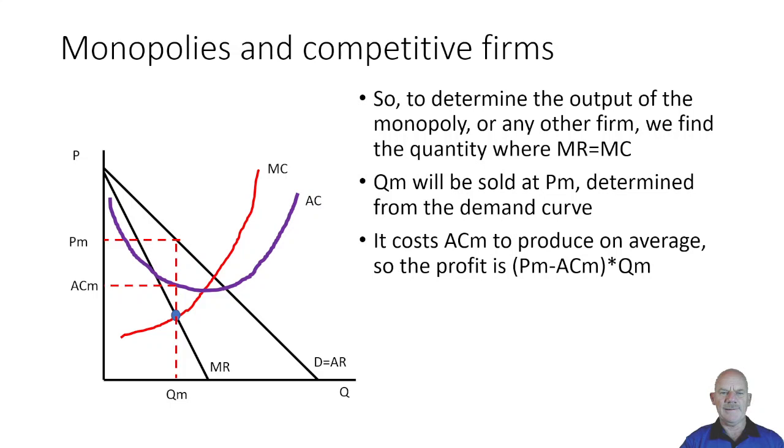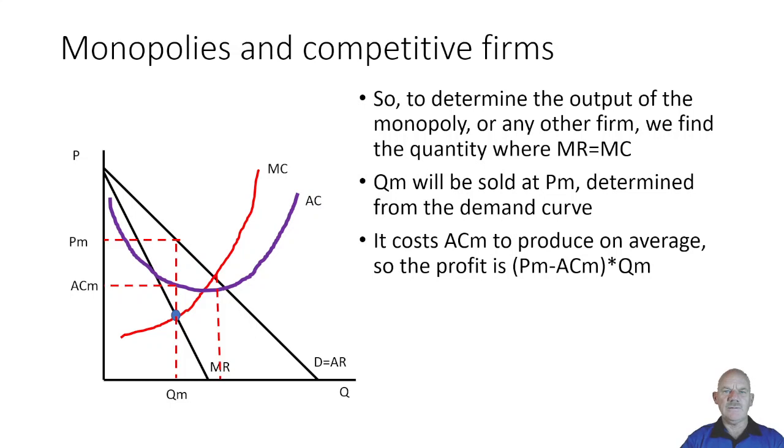the monopoly. Now, can you look at this graph and answer the question whether the competitive firm is making a profit or not? Does the competitive firm make a profit? Yes or no? Well, the competitive firm sells where marginal cost or the supply curve is equal to the demand curve.